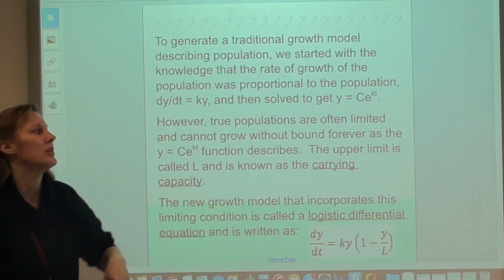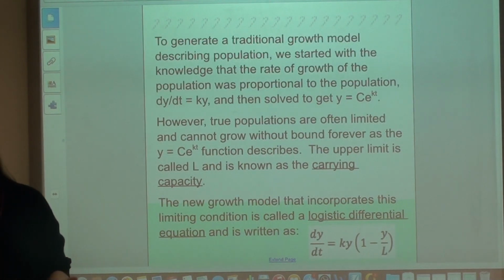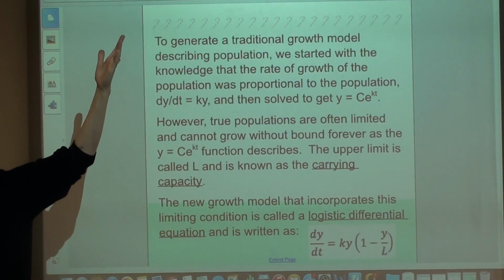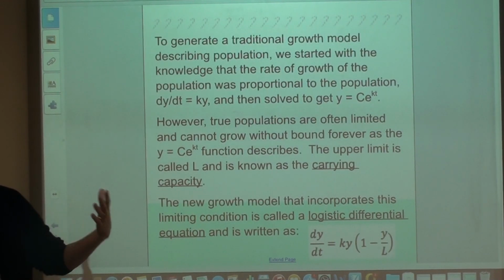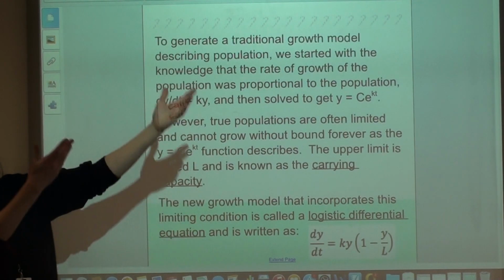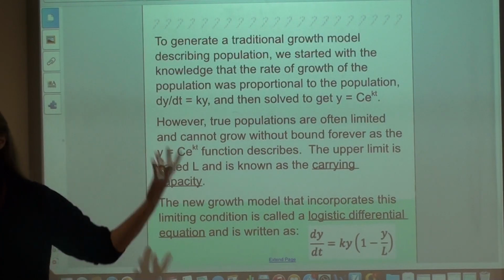The problem with continuous exponential growth is that most populations in reality can't just continue to grow exponentially forever. If the human population continued to grow at an exponential rate forever, eventually we would overtake the planet and then everything would explode.